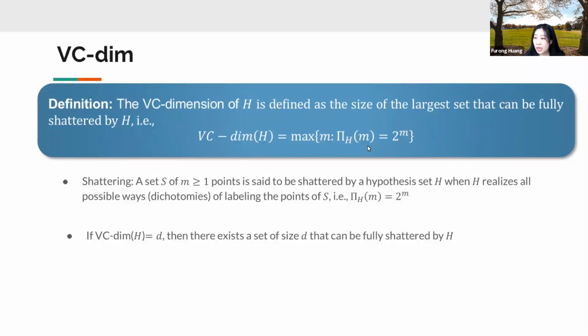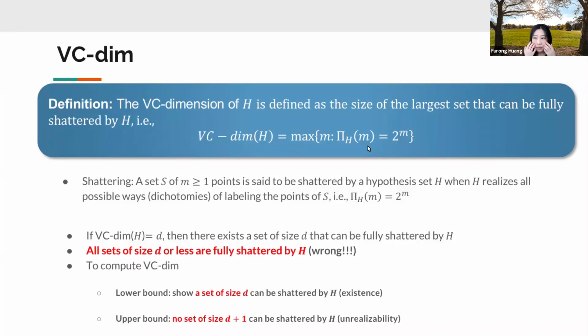It doesn't mean that every set of size D will be shattered. So the argument that all sets of size D or less are fully shattered by H is not correct, as we discussed last time.